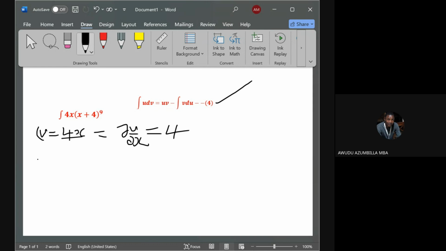Let's also assume that our V is equal to, so let me write it here.